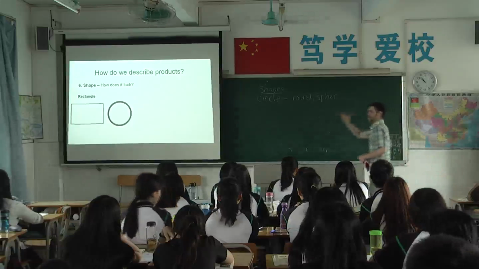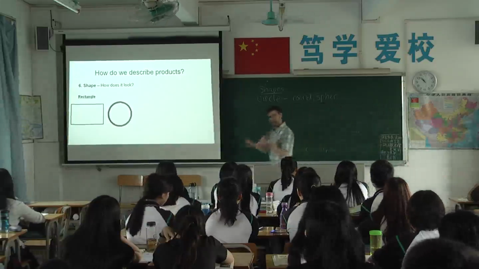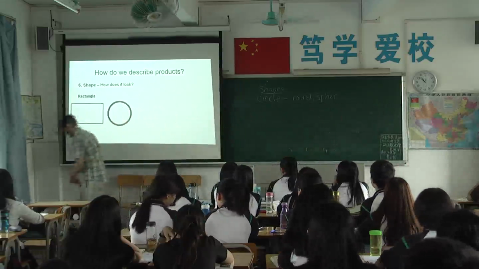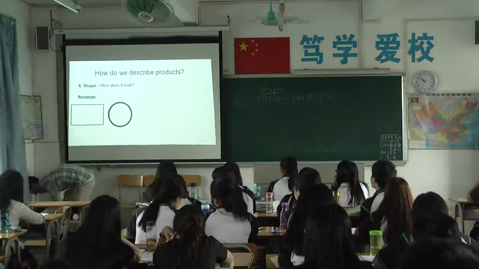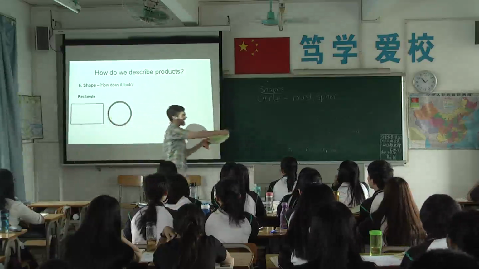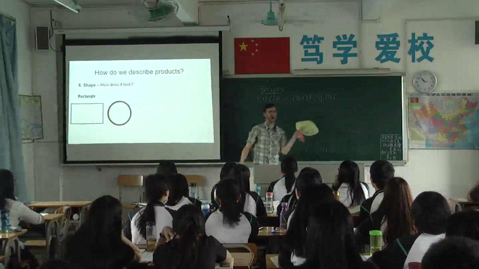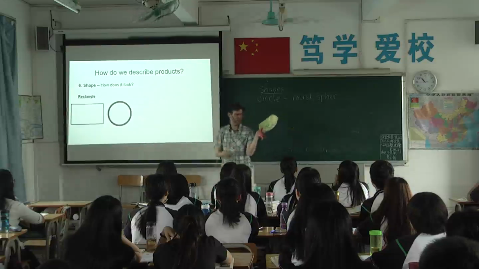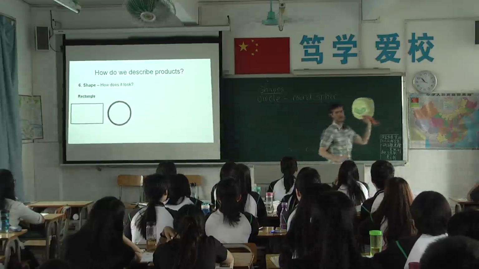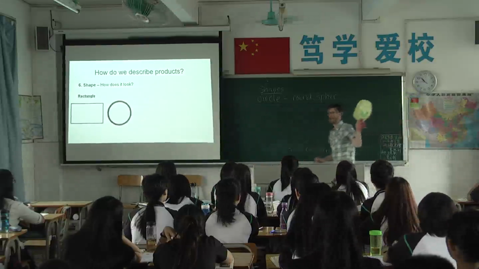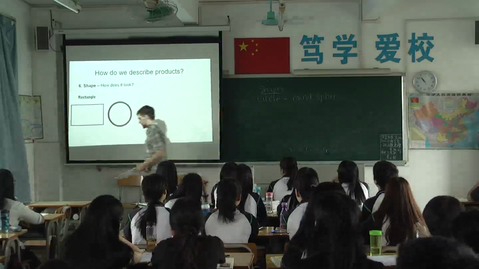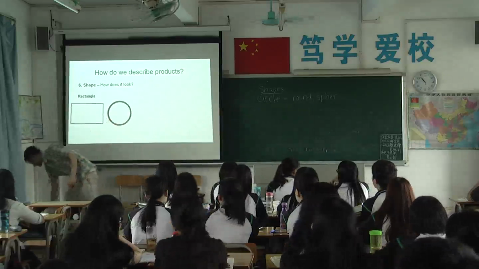So sphere is like a ball. It's round. If this, we wouldn't say that this is a sphere. We might say, oh, it's kind of a round rectangle. But we wouldn't call this a sphere, because it is not like a football. Something to remember.